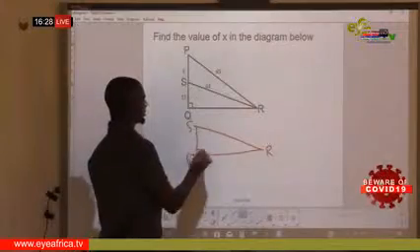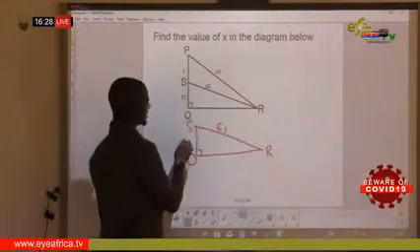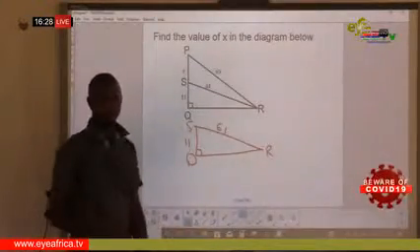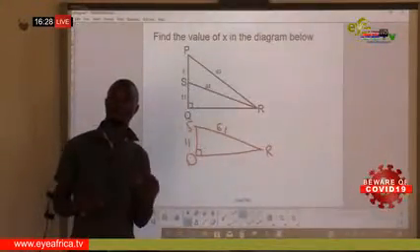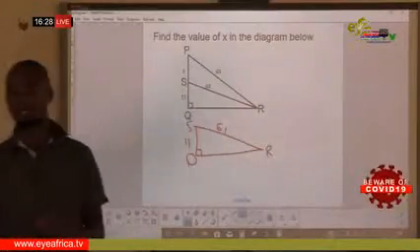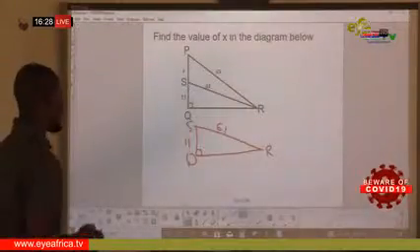Here is 61, this is 11, and this is what is missing. Whenever you have 2 sides of a right angle triangle, you use the Pythagoras theorem to find the third side of the right angle triangle.